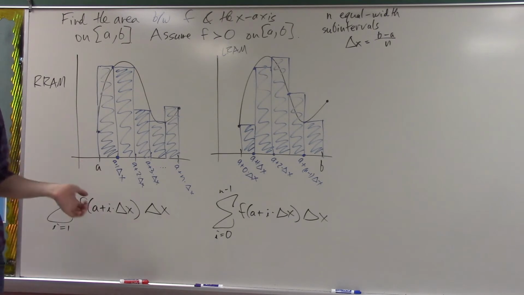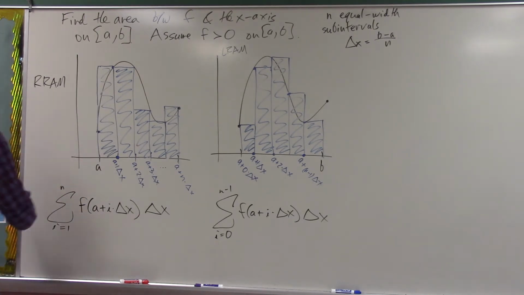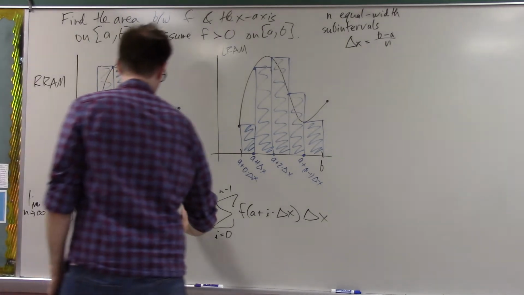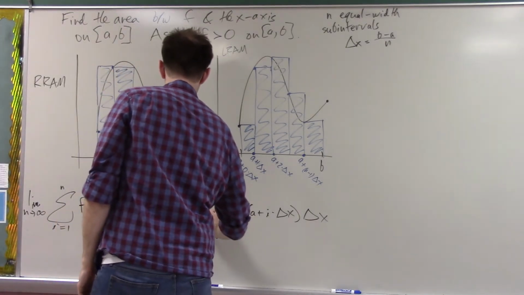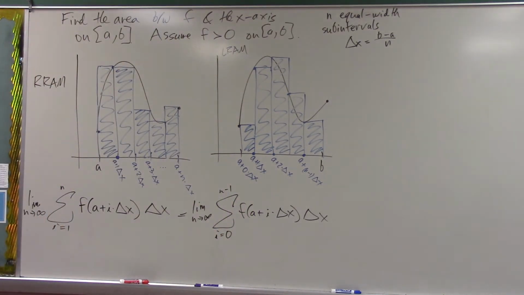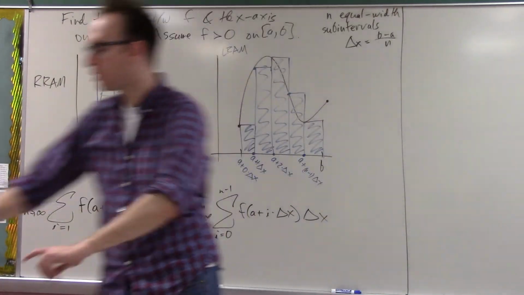But this seems very reasonable, and yet it's true. If you take the limit as n goes to infinity of each of these, they are the same. Yeah, that's true.